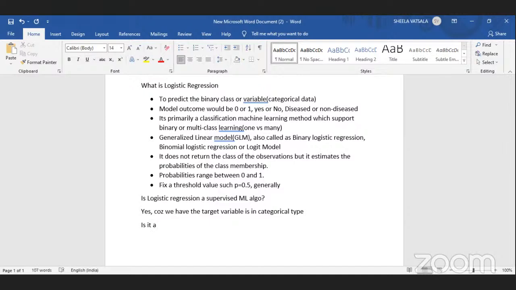Is logistic regression mainly used for regression?